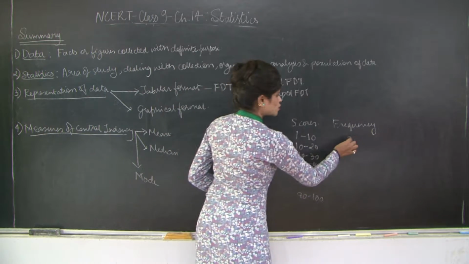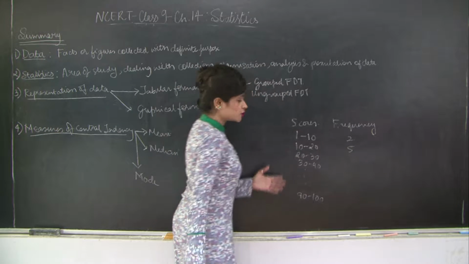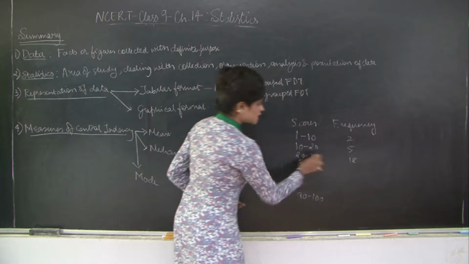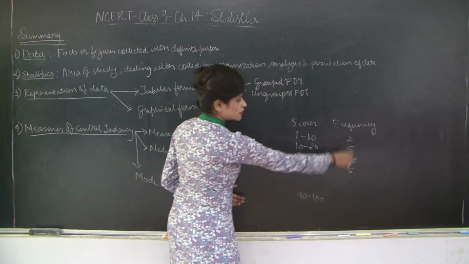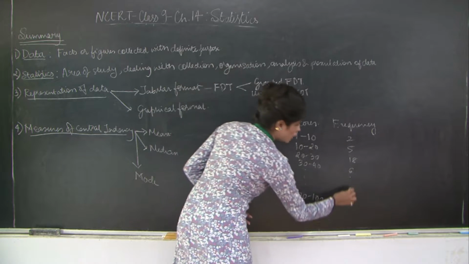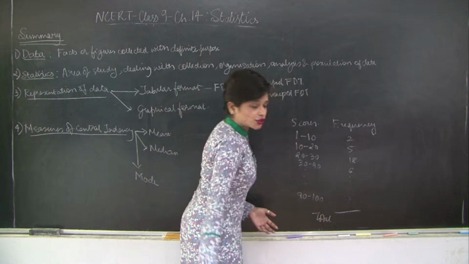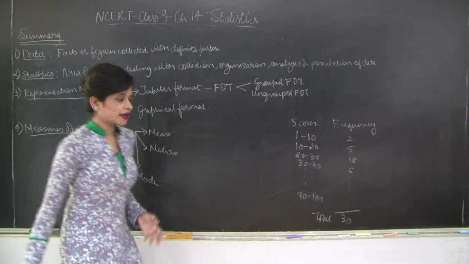So you can say 2 students secured marks between 1 to 10, then 5 students secured marks between 10 to 20, and 18 students secured marks between 20 to 30, then 6 students secured marks between 30 to 40 and so on until you get the total of the frequency as 30 students, right?